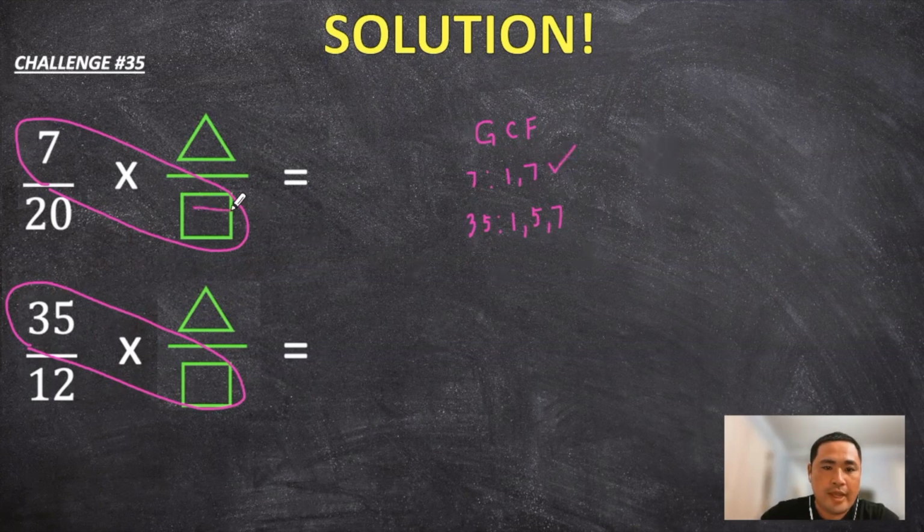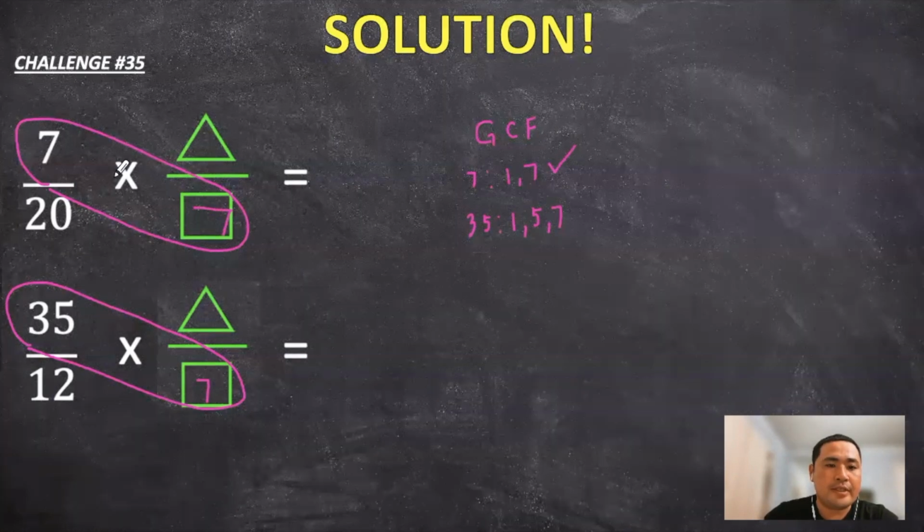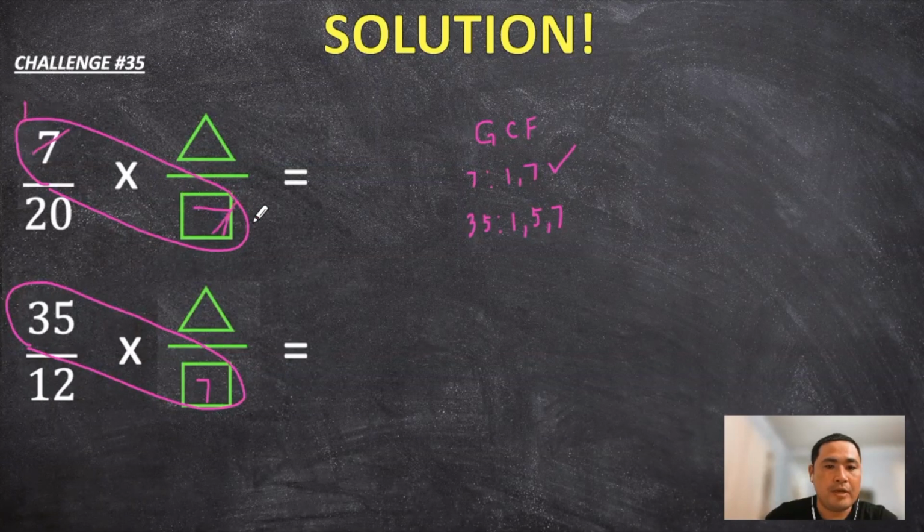If you write that out inside the box, for the 7's here, the 7 and the 7 could cancel so that both of them become 1. And the 35 and the 7 here, the 35 will become a 5, and the 7 here will become a 1.